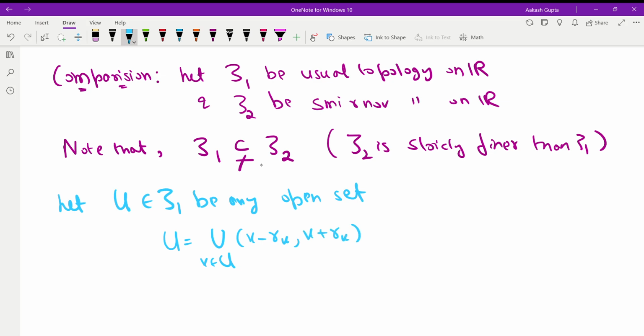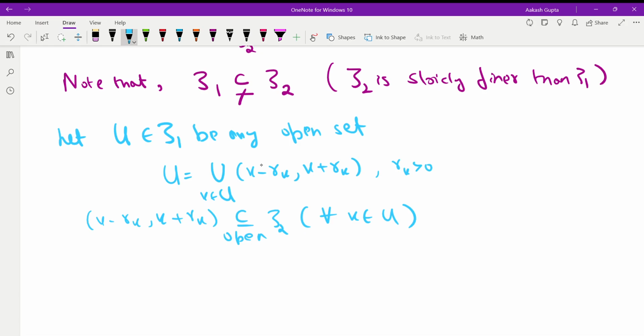You know what these r_x choices are; I'm not repeating, I'm just directly writing here. Now see, x minus r_x comma x plus r_x is also open in tau 2, right? For every x in U. Why? Because tau 2 is the Smirnov topology. Its bases contain open intervals also.